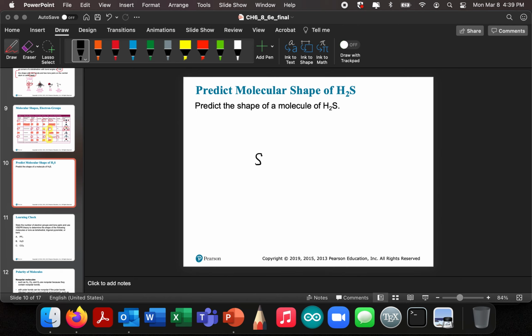Okay, so I'm going to suppose that you paused it, and I'm going to draw the Lewis dot structure for H2S. Sulfur's in group 6 and hydrogen's in group 1. So it's going to look like that. I'm going, what? That looks like water, right? It looks just like water because sulfur's right below oxygen in the periodic table, right?